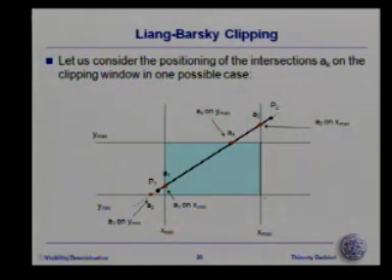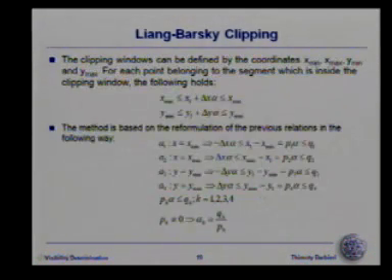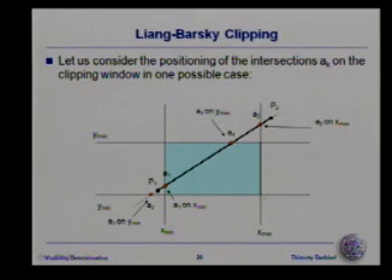So A1 on x min. This is what happens on A2, this is what happens on A3, and this is what happens on A4. See? A4 on y max. So this is this part of the rearrangement on the picture. We position A1, A2, A3, A4.